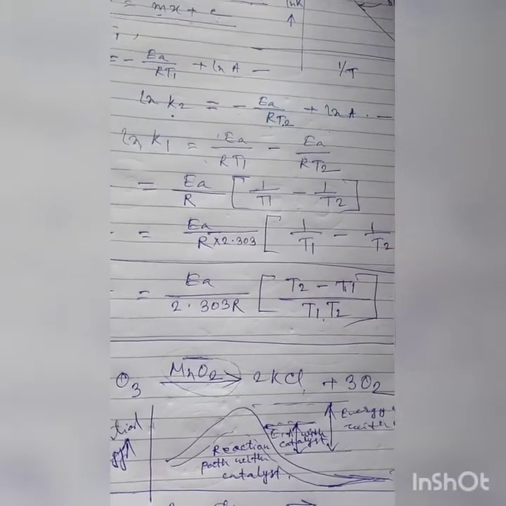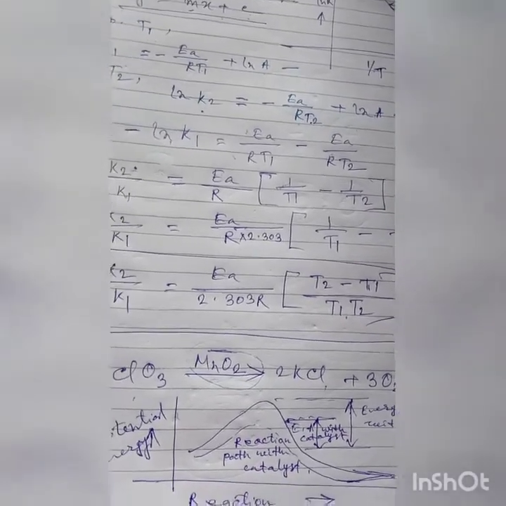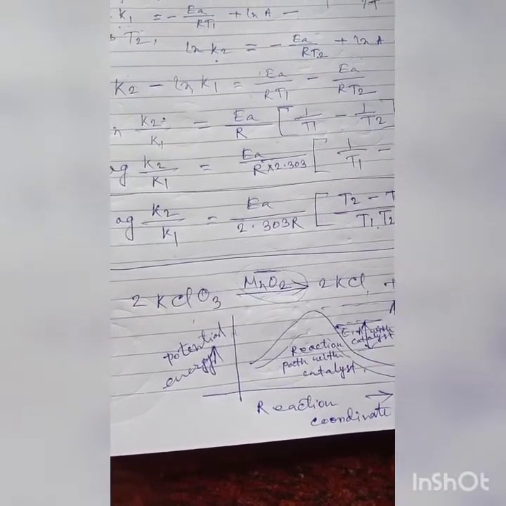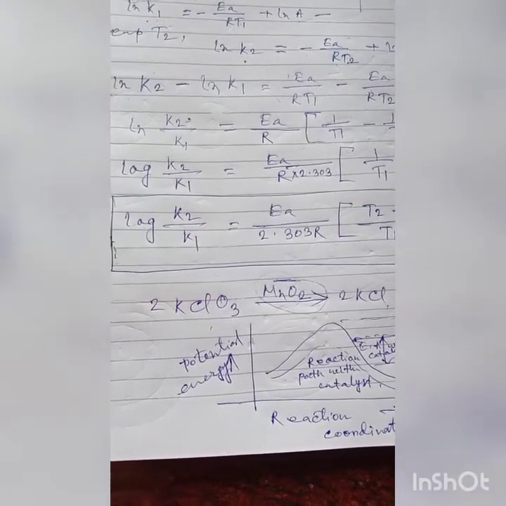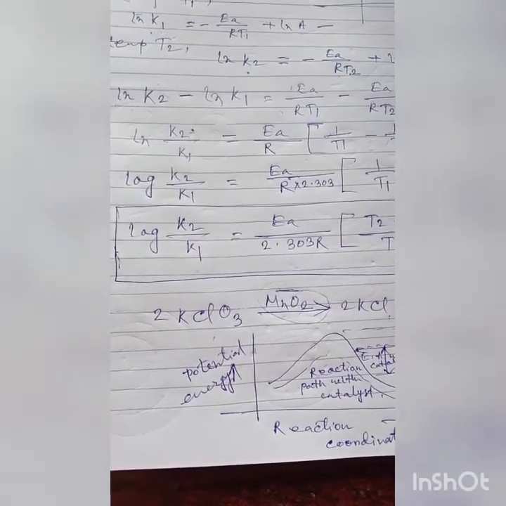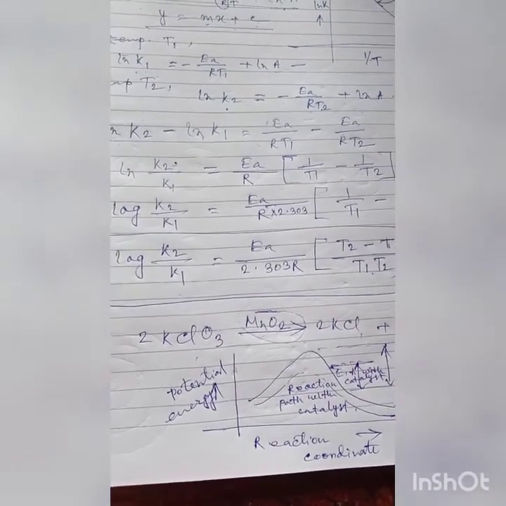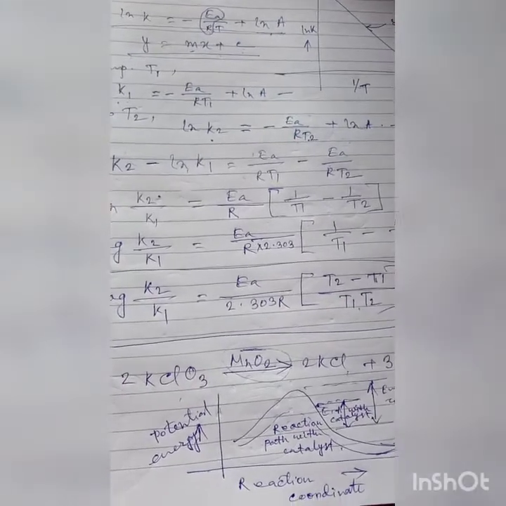The catalyst does not alter Gibbs energy, that is delta G of the reaction, and it does not catalyze non-spontaneous reactions. It is also found that a catalyst does not change the equilibrium constant of a reaction.